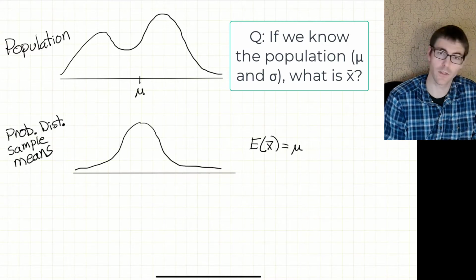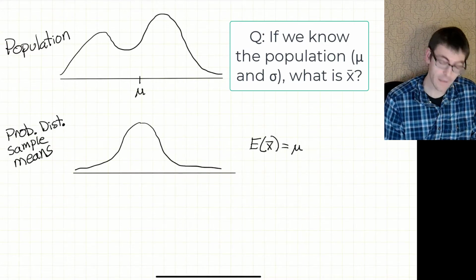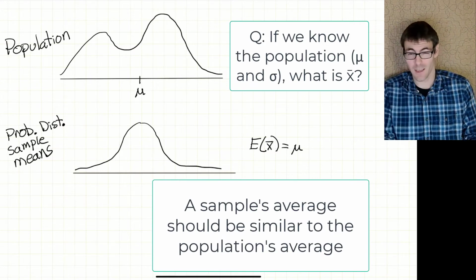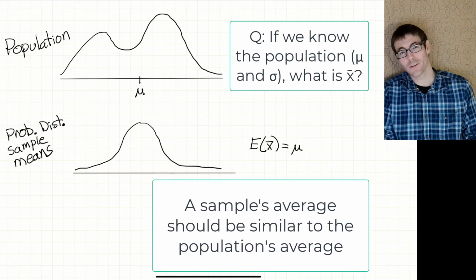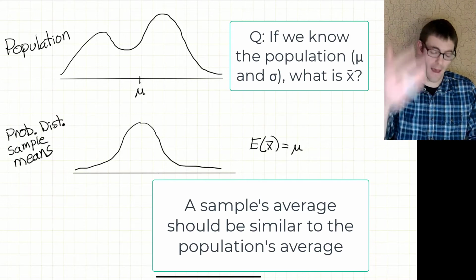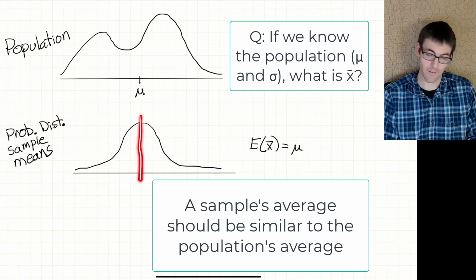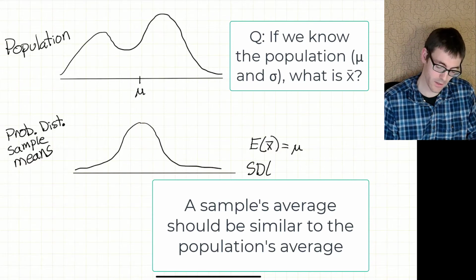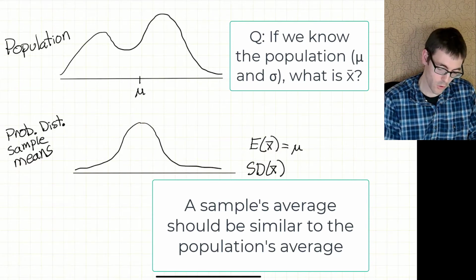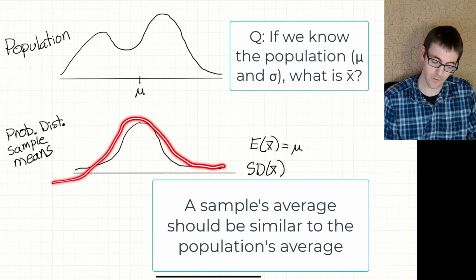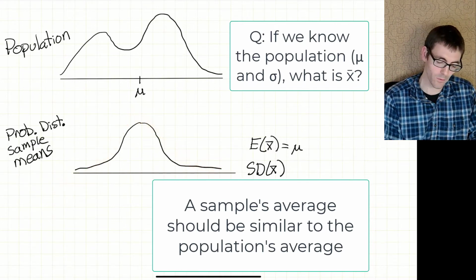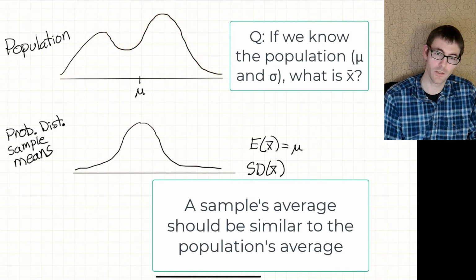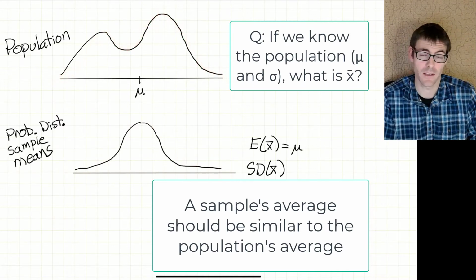Whatever the average of the population is, we expect that if we take a sample and take the average of that sample, on average, these samples are going to have averages that are the same value. The standard deviation of this normal probability distribution is going to depend on the standard deviation of our original population, as well as on the sample size.